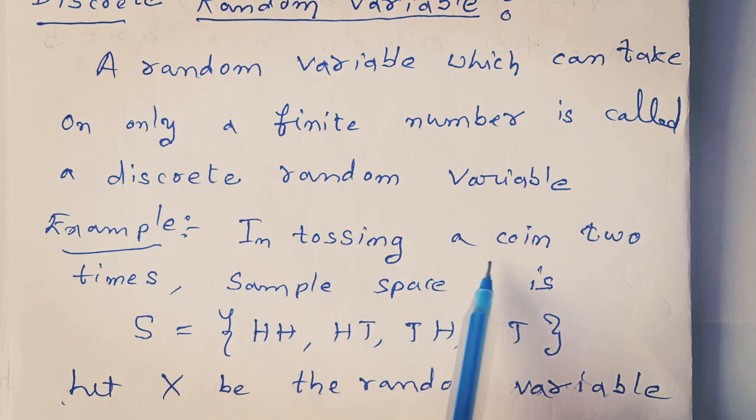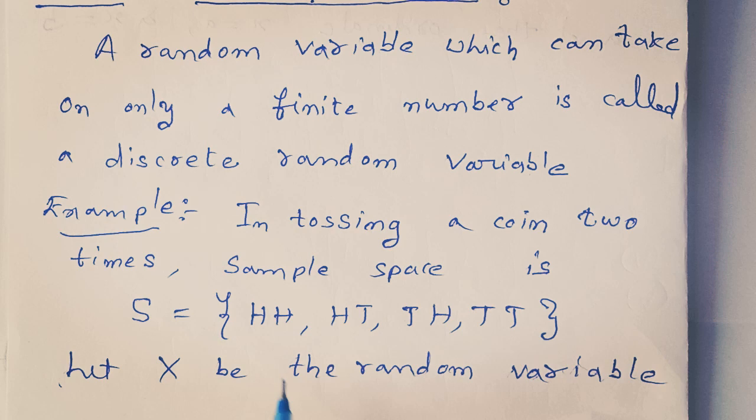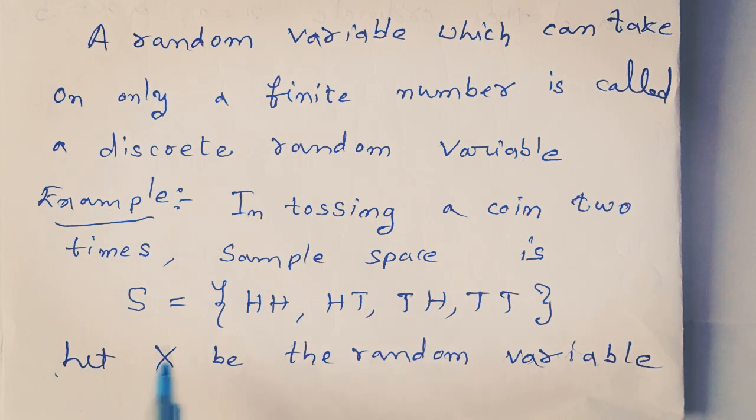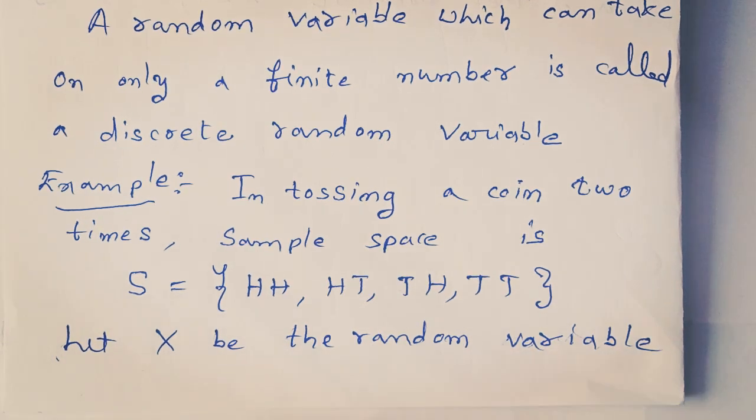In tossing a coin 2 times, the sample space consists of these outcomes: HH, HT, TH, TT. Here H means head, T means tail.